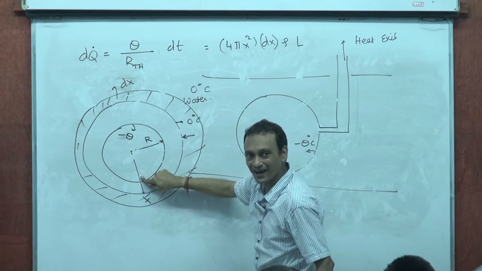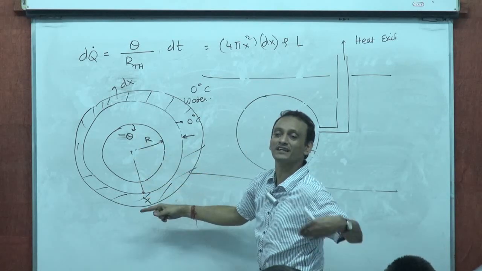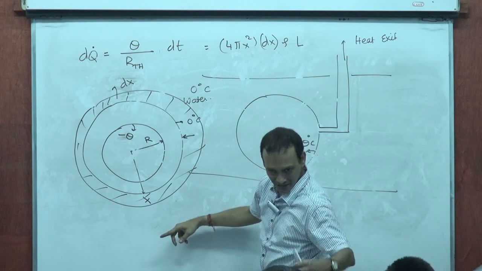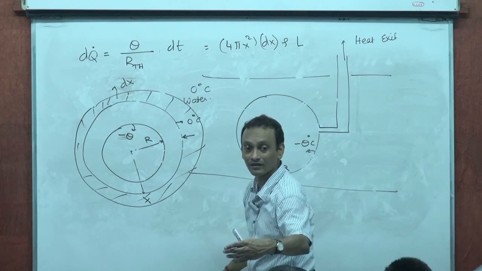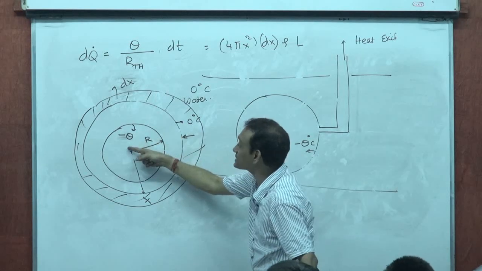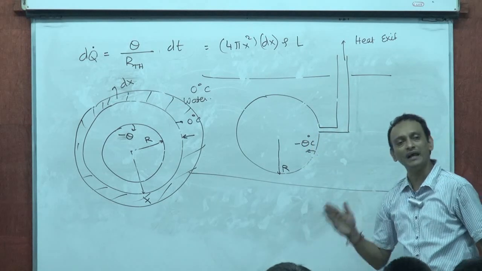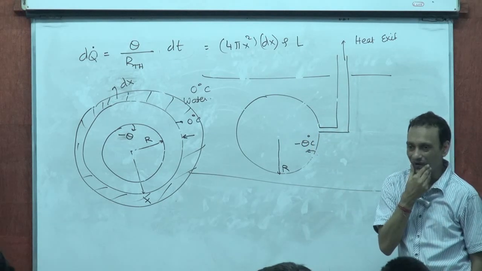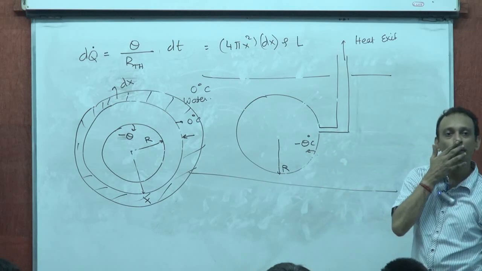Initially x was R, time was 0. When x becomes 2R, the thickness becomes R. The problem asks you the time it takes for the thickness to become R. That means x runs from R to 2R, from time t equal to 0 to time t equal to t. So you'll be able to find the time it takes for this to happen.